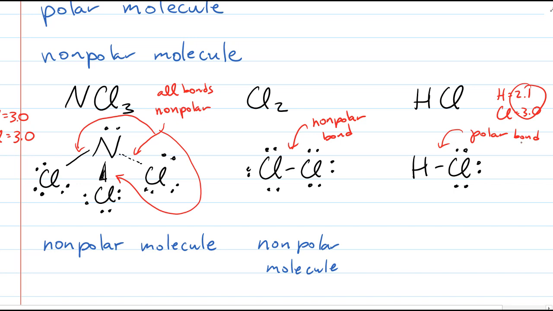A negative charge. So which atom in this molecule has a greater attraction for those shared electrons? It's going to be chlorine, because chlorine has the largest electronegativity. We would then label the chlorine here as having a partial negative charge. The hydrogen over here gets labeled as a partial positive charge.